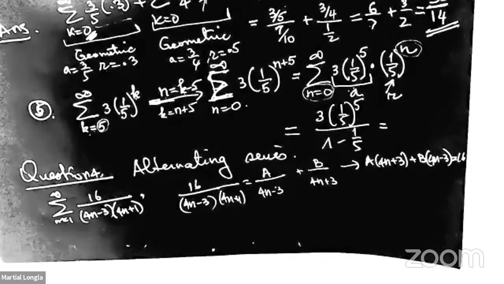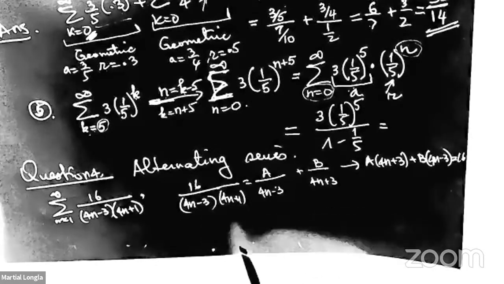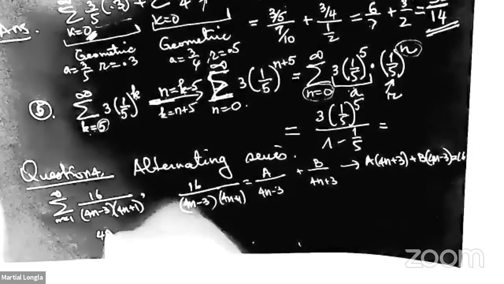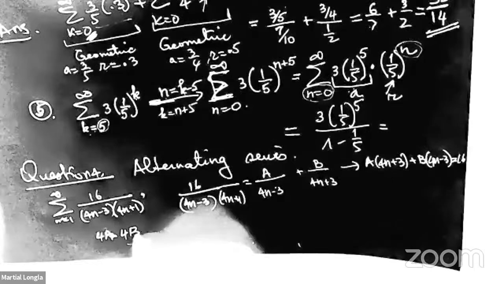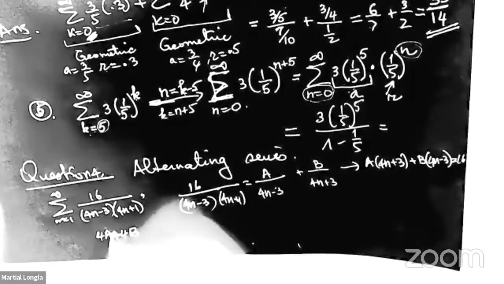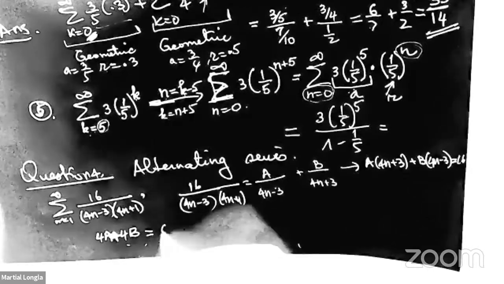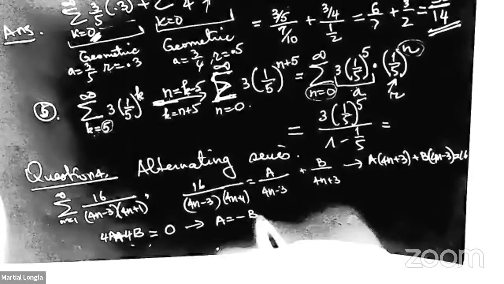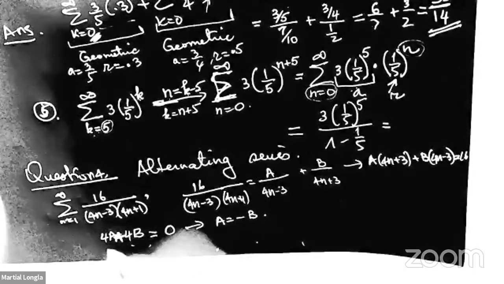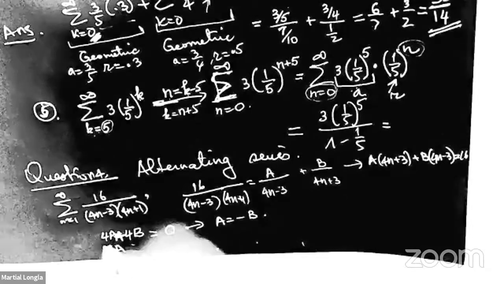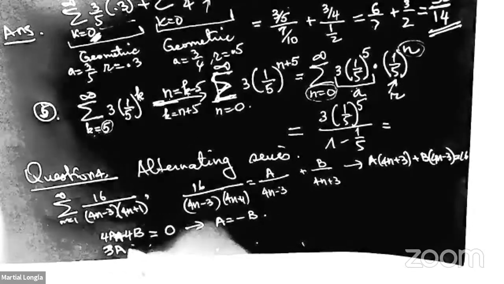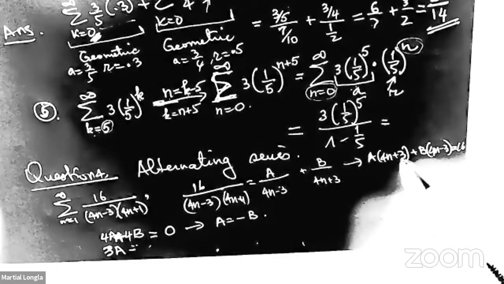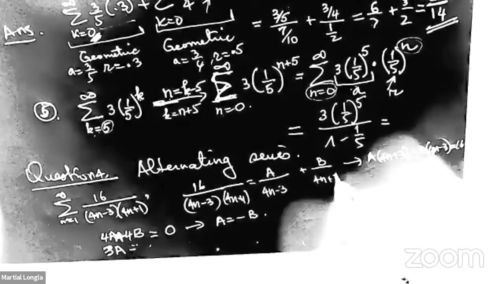And so we identify the terms. On the left, you have 4a plus 4b times n. On the right, there is no n, so this is 0, which tells you that a equals minus b. Then you look at the constants, you have a minus 3b. That's plus 1, right? I don't know why I got plus 3 there.